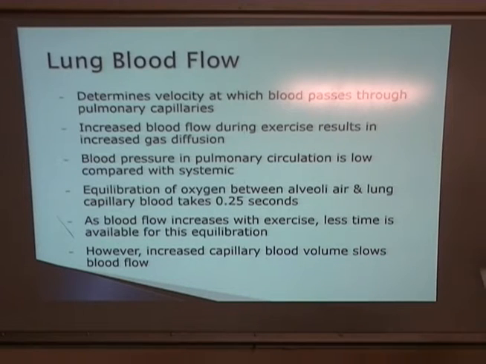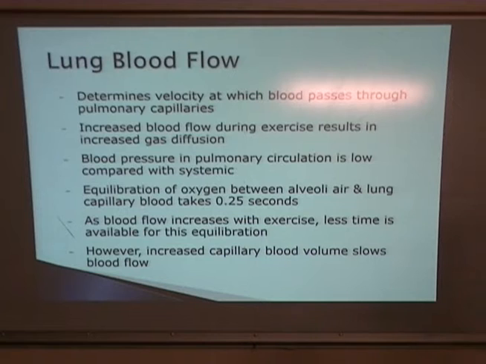The blood pressure in the pulmonary circulation at the lungs is very low compared to the blood pressure when the blood leaves the heart through the aorta and off around the body. That does two things. It helps with our blood flow, high to low, but that low blood pressure also protects the very delicate tissue of the lungs. It means they don't get damaged by being pushed by high pressure.